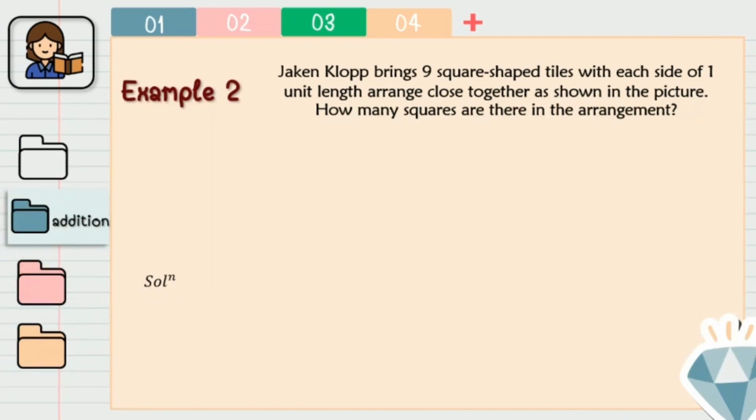Example 2. There are 9 square tiles, with each side of 1 unit length, arranged together as shown in the picture. How many squares are there in the arrangement? From the picture, there are 3 sizes of squares.